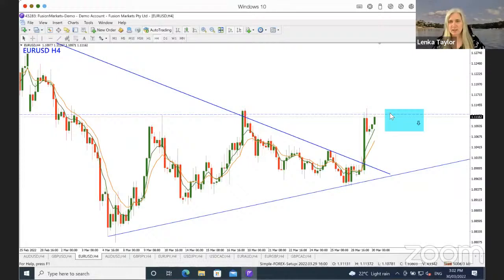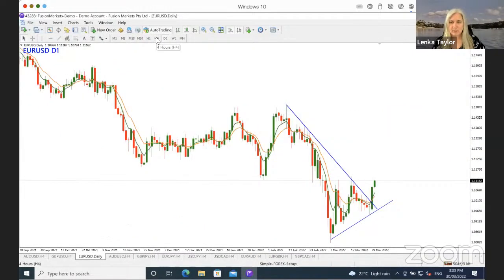So if I see any price action up here that looks like it's reversing, then it would be a short, looking for a short to here, to the trend line. Otherwise, if it starts to drop, then looking probably for long from the bottom. But at the moment, that's where I'm at. So let's see how that goes.